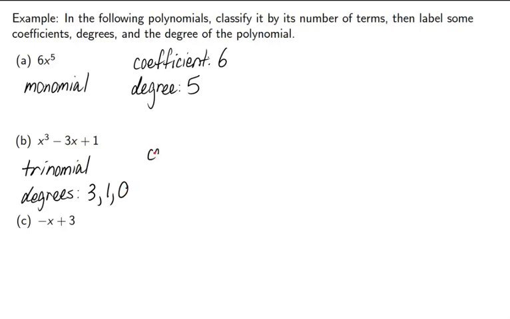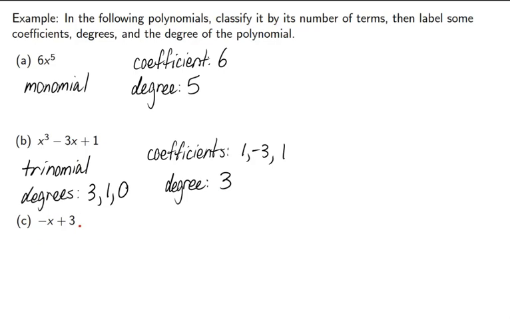The coefficients are 1, unwritten coefficient here, -3, and the last coefficient is also a 1. The degree of the polynomial in general is the highest power, 3.